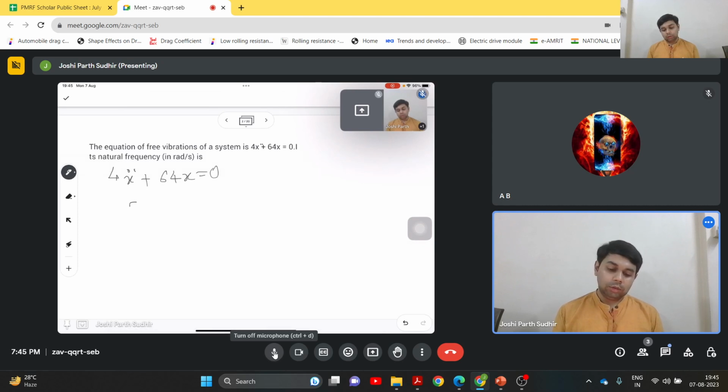The general form of the differential equation is x double dot plus omega n square x is equal to 0. So we can compare the coefficients between them.